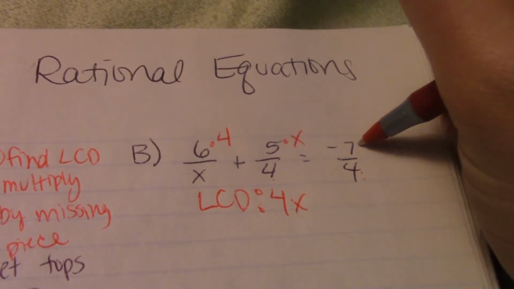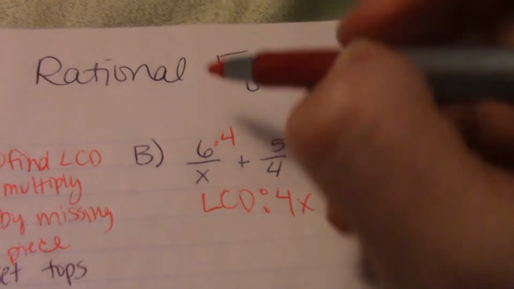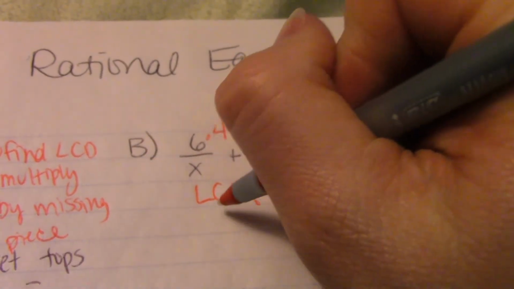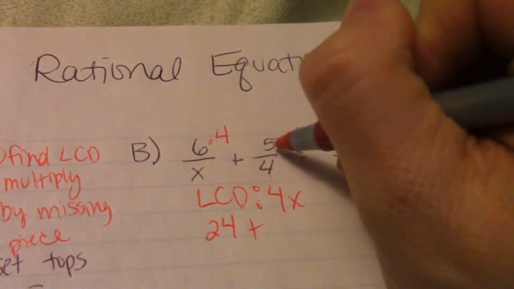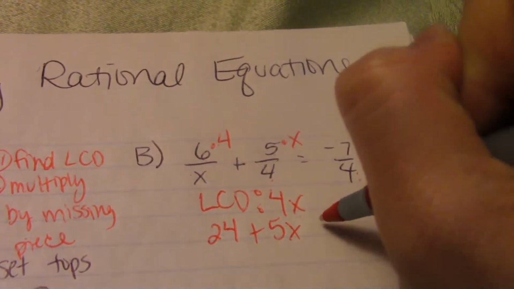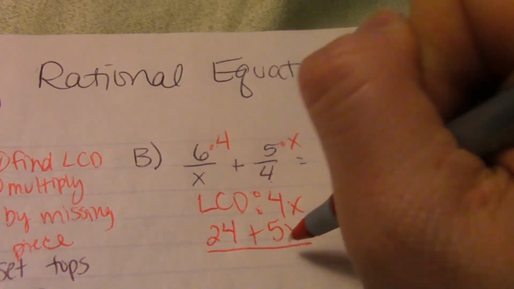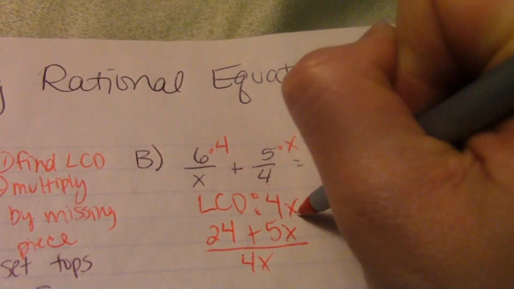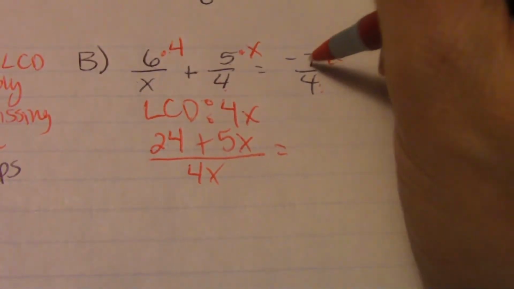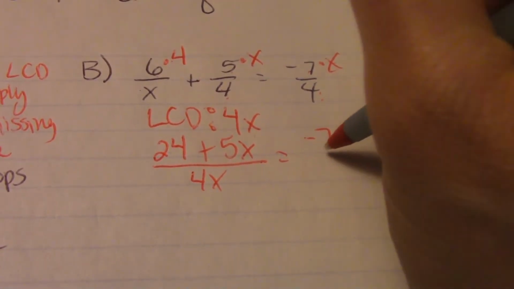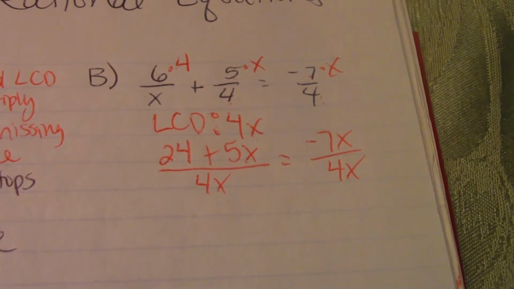So I'm going to have 6 times 4 is 24, plus 5 times x is 5x. This is all over that 4x that we just had right here, equals negative 7x over the 4x.